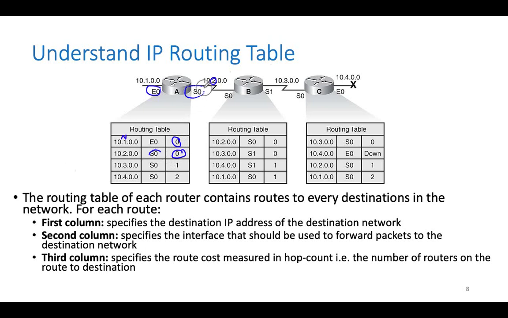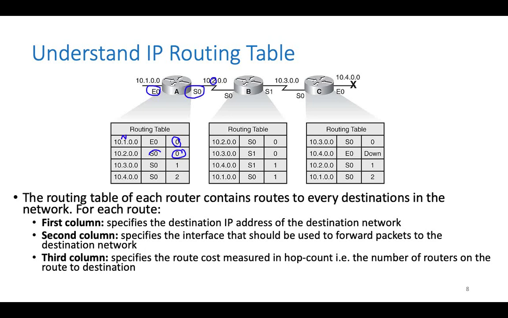That's true as well. Okay, so you're telling me that if I want to go to 10.1, I'll take the E0, and that's 0 hops between me and it. Yes. And if I want to reach 10.2, I'll take S0, and there is no hop between A and that network. Yes, because that's directly connected.